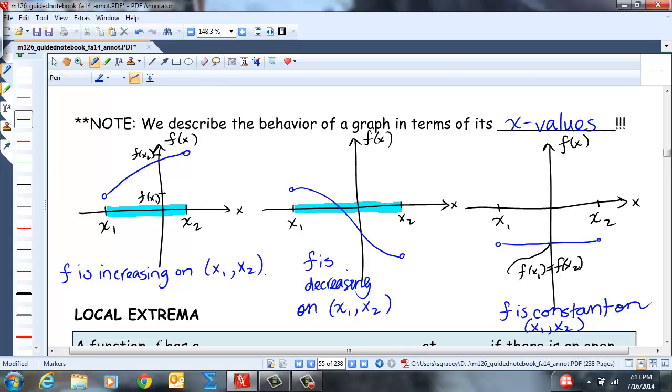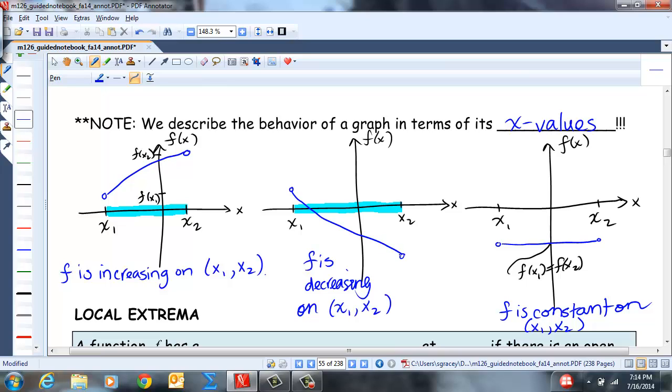Let me redraw the decreasing graph, because I went up a little here and I had it kind of going up. I want it to be truly decreasing. Did you see that?